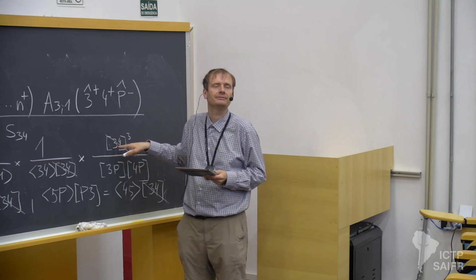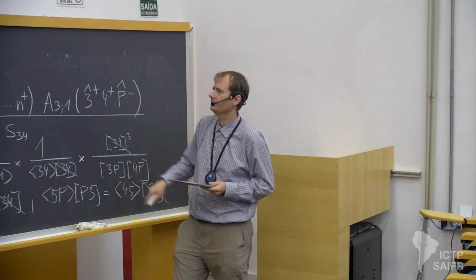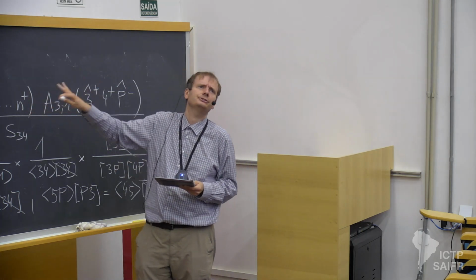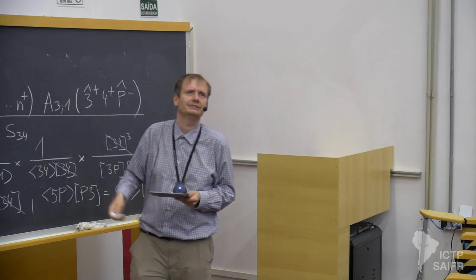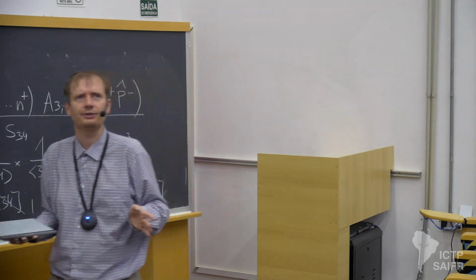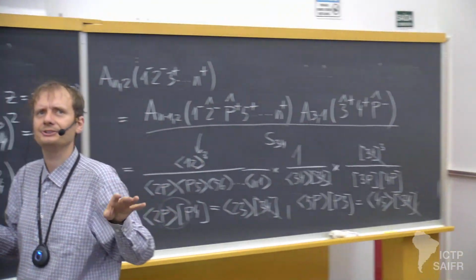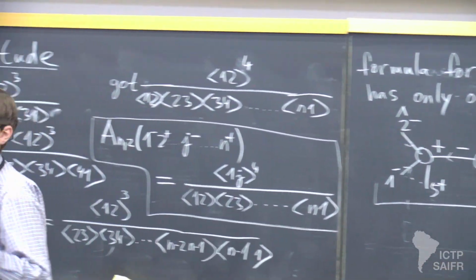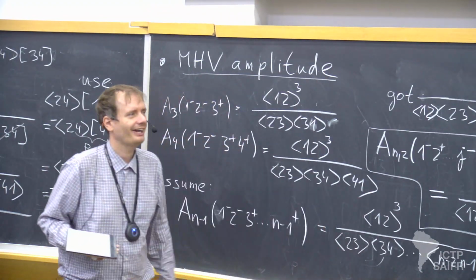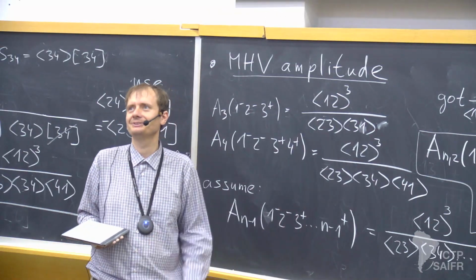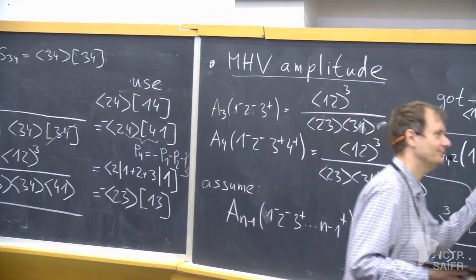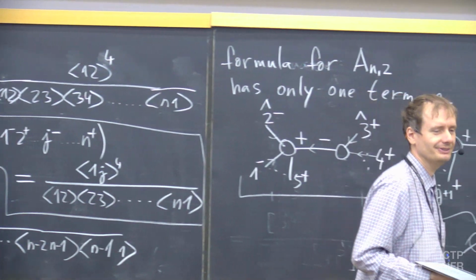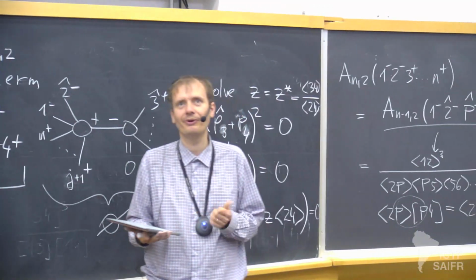We shifted lambda 3. That was the reason why we made these convenient choices of what we shift. We could also make inconvenient choices. We get more terms which contribute, and we have to work a little harder. It's possible. It always works in the end. I kind of secretly made some good choices to make it smooth for calculation. But if you make bad choices, you still get the right result after more work.